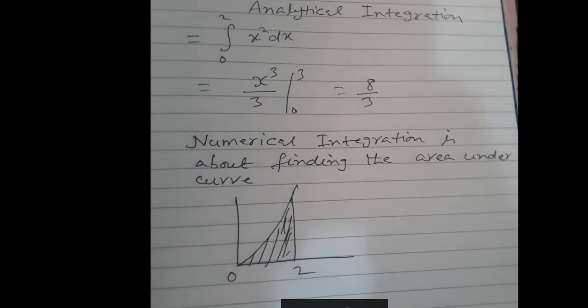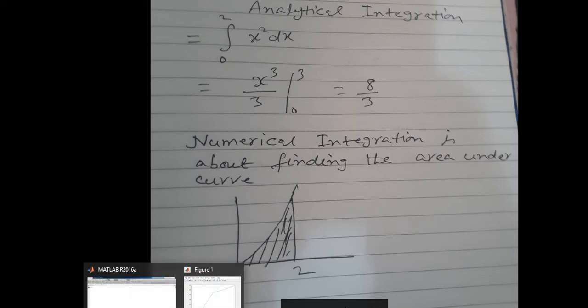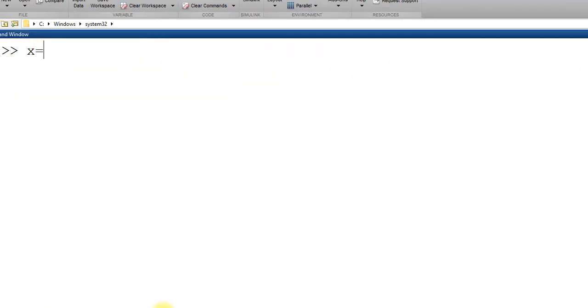I have to define x first. x equals 0:2. If I write like this, it will make 0, 1 and 2, so only two sub-intervals, 0 to 1 and 1 to 2. I will keep it for the time being. Then the function is y equals x .^ 2, with a dot because x is a vector.